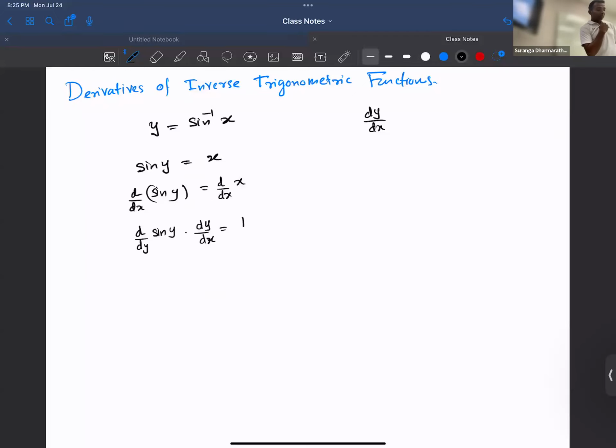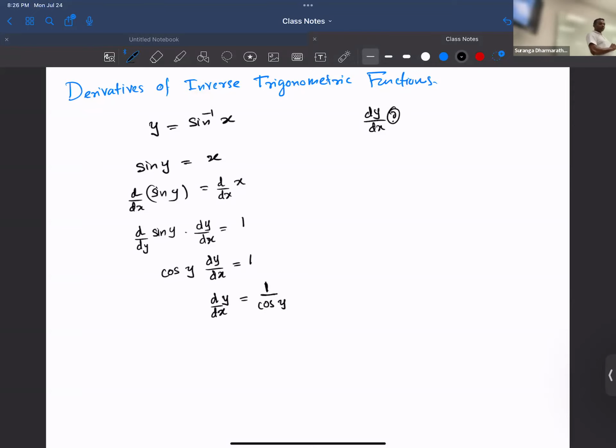Cosine y, just cosine y. So cosine y, dy over dx equals 1. Can we find dy over dx now? This is our goal. dy over dx is 1 over cosine y.